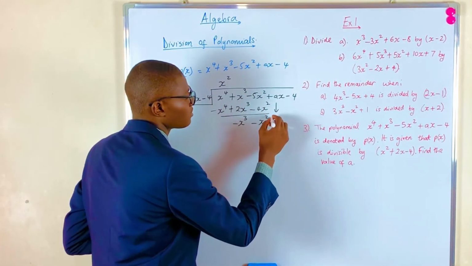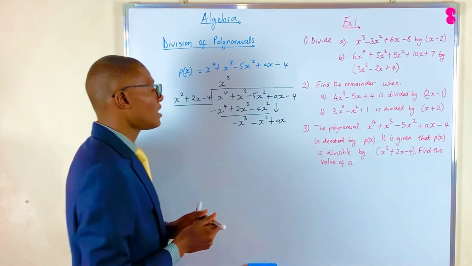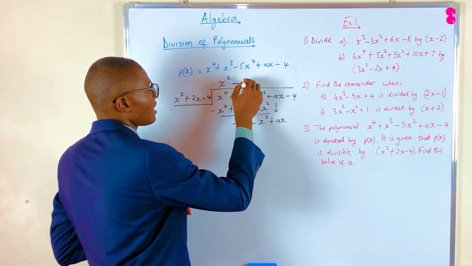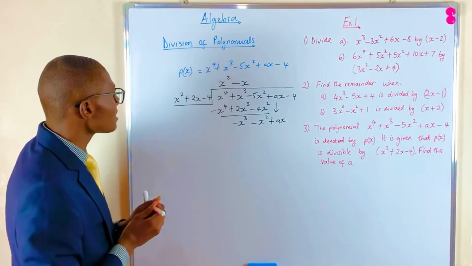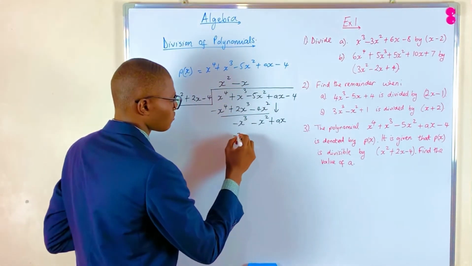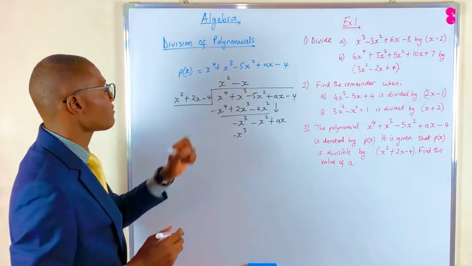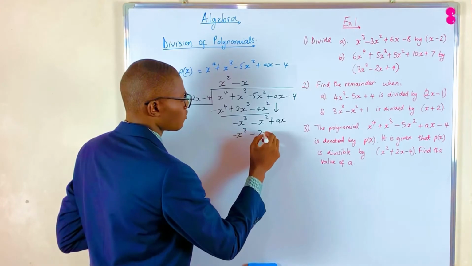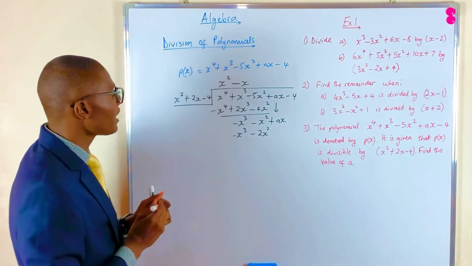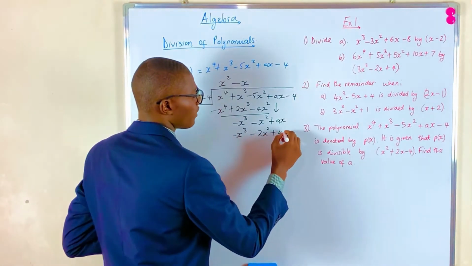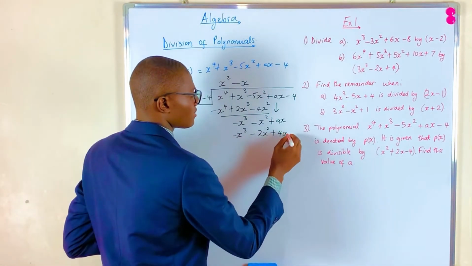Then we drop the plus ax here, such that x squared into minus x to the power of 3, that's minus x. And minus x times x squared, that's minus x to the power of 3. Then minus x times 2x, that's minus 2x squared. And minus x times minus 4, that's a plus 4x, like this.